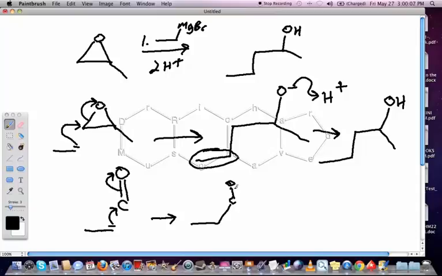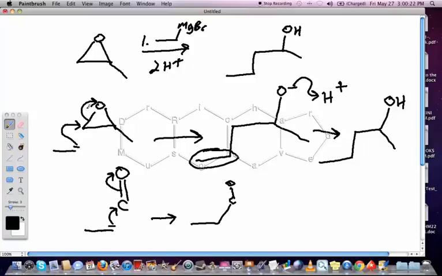Now it's almost like this C double bond O is kind of like a ring in itself, except that the ring is really a double bond because it's attached to just one atom instead of two atoms like this one is.